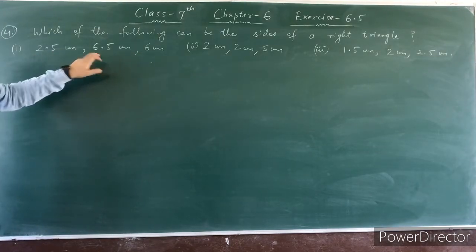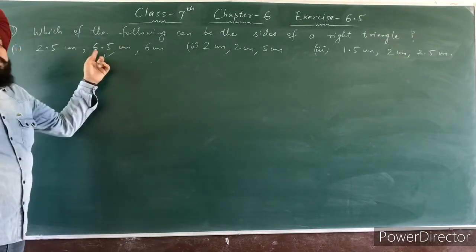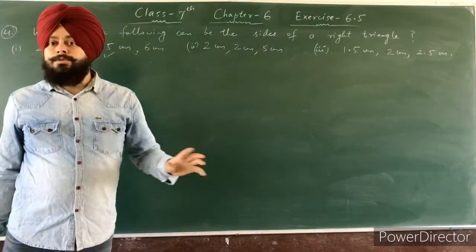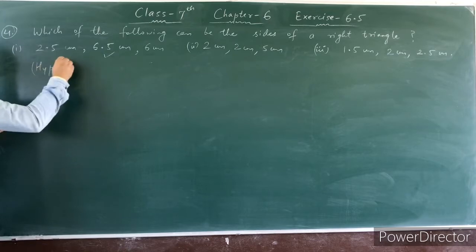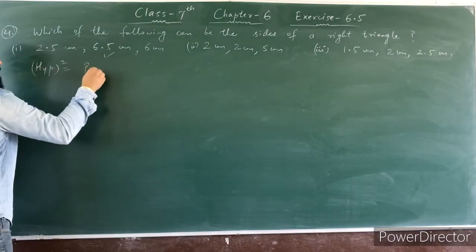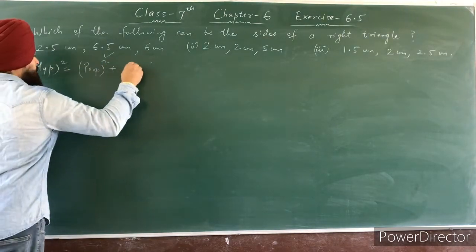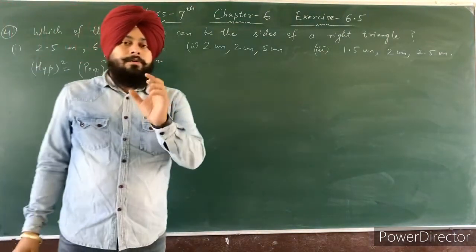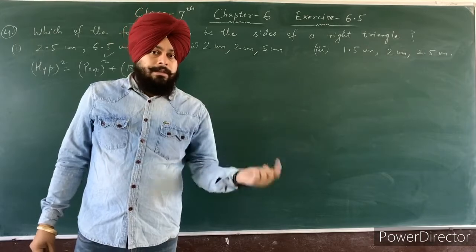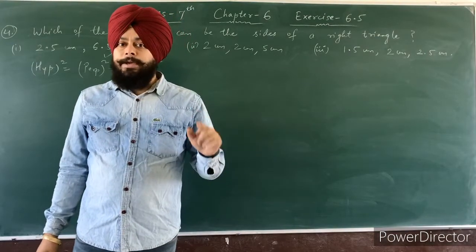This one, 6.5 centimeter. So you can assume 6.5 as the hypotenuse. What is the formula? Hypotenuse square is equal to perpendicular square plus base square. The other two sides, one of them is taken as perpendicular and the other as base.